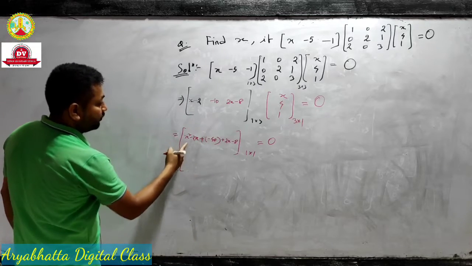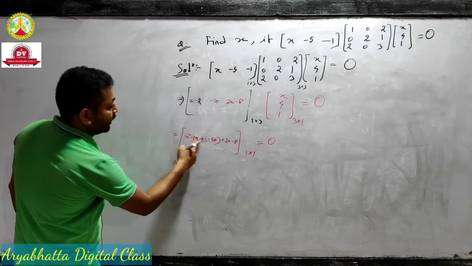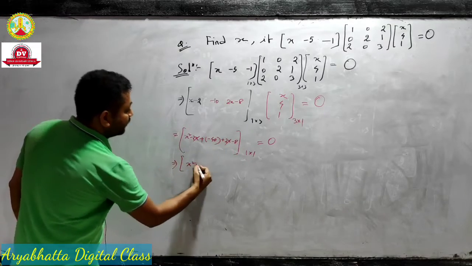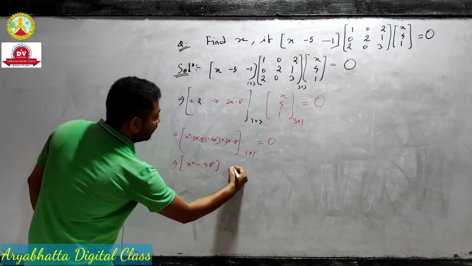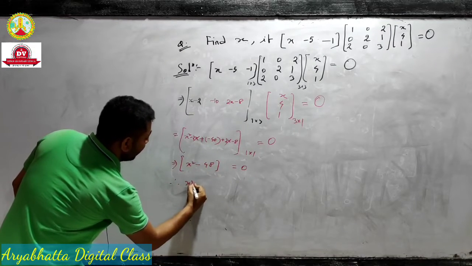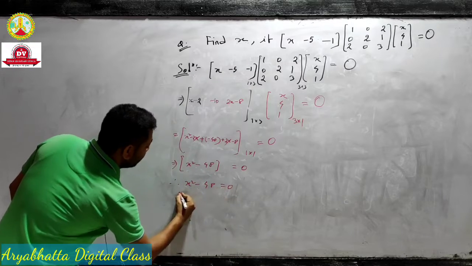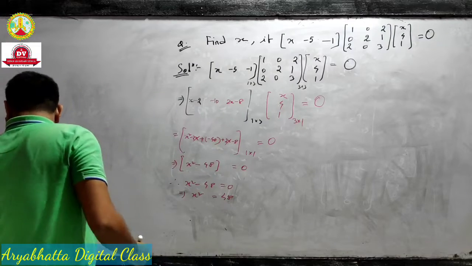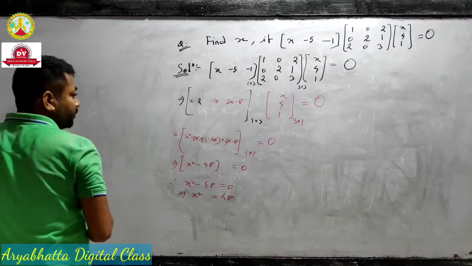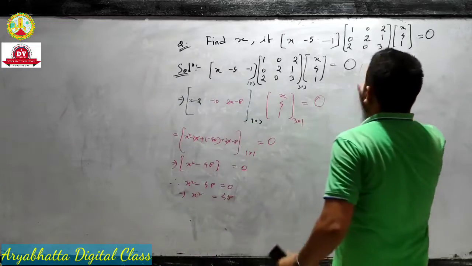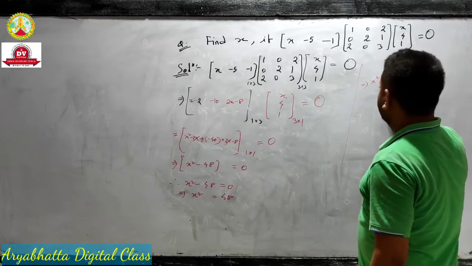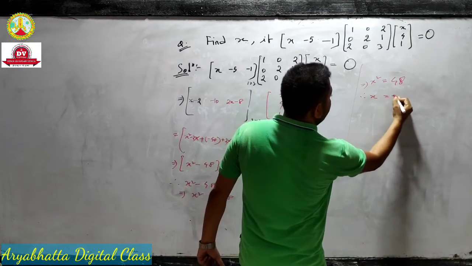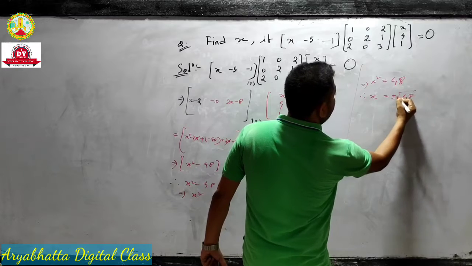Then we have x squared minus 2x plus 2x minus 40 minus 8, minus 48. This is equal to 0. Therefore, x square minus 48 equal to 0. Therefore, x square equal to 48, and therefore x equal to plus minus root 48.